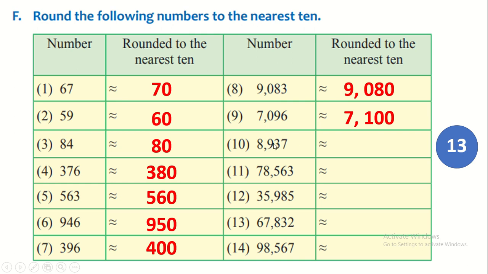Number 10, 8,937. The tens digit is 3, next is 7. The answer is 8,940. Now let's move to number 11.